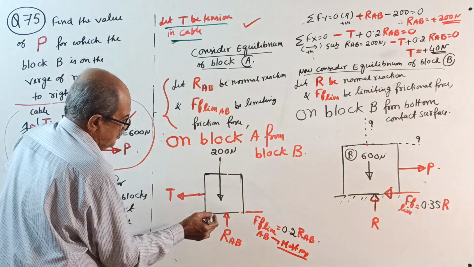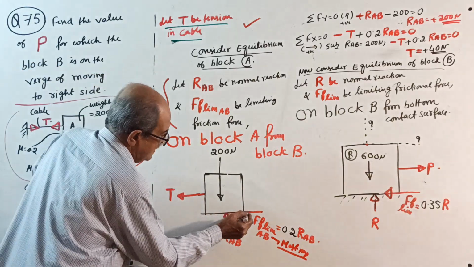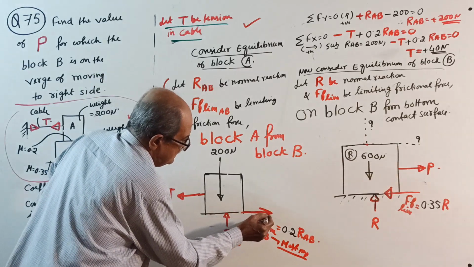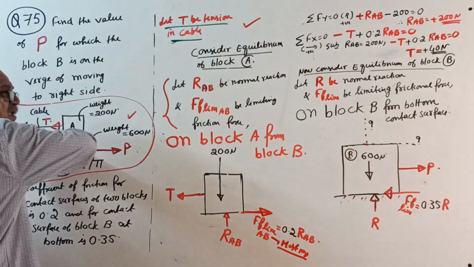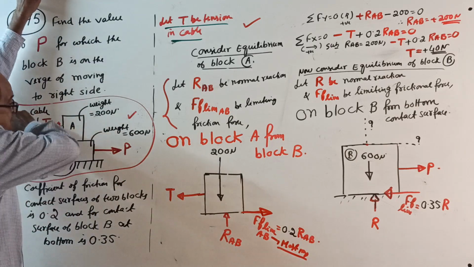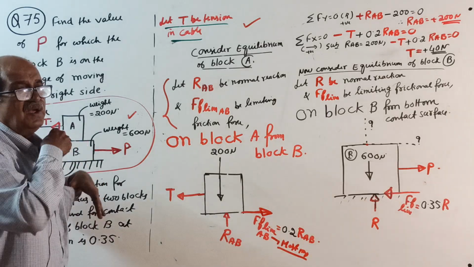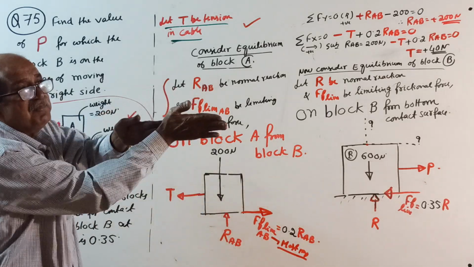So your frictional force for block A at the bottom contact surface is like this. Right side, not left side, because when block B moves that side, it will rub block A like this.